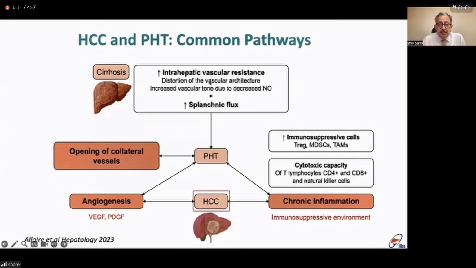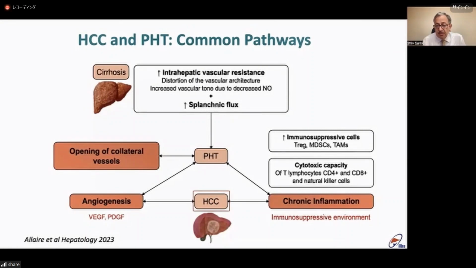There is an increase in the intrahepatic vascular resistance due to fibrosis, and this leads to increased vascular tone and relatively decreased nitric oxide. There is increased splanchnic flux. Finally, an overflow of blood comes, resulting in portal hypertension. There is an opening of collaterals, angiogenesis develops, and there is chronic inflammation. These two also are the cause for development of HCC.